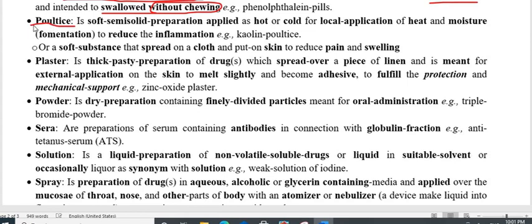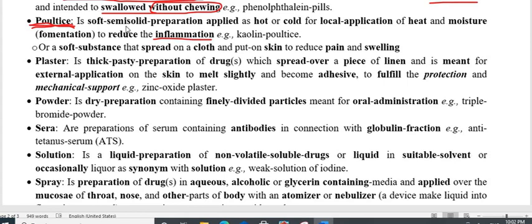A medicinal preparation, the poultice is usually used for removing inflammation. In this medicinal preparation, we keep it in very thin cotton cloth or linen cloth, and we keep it over the affected part to relieve inflammation.